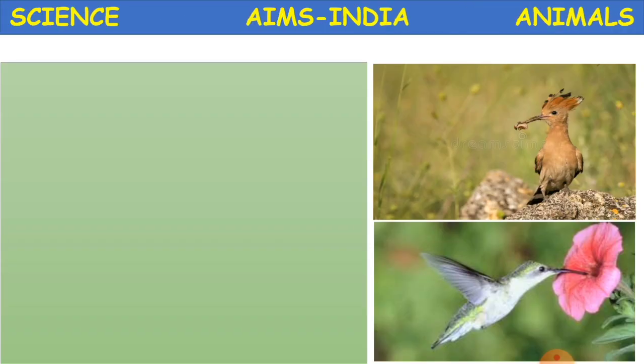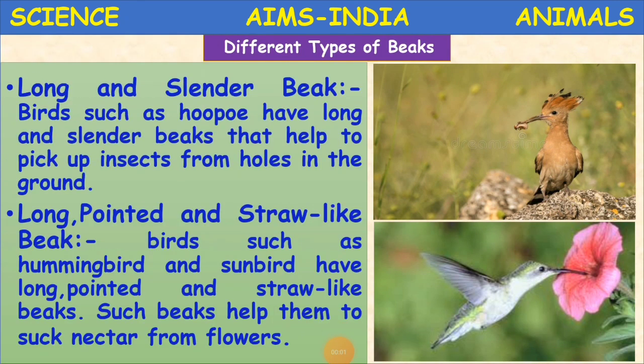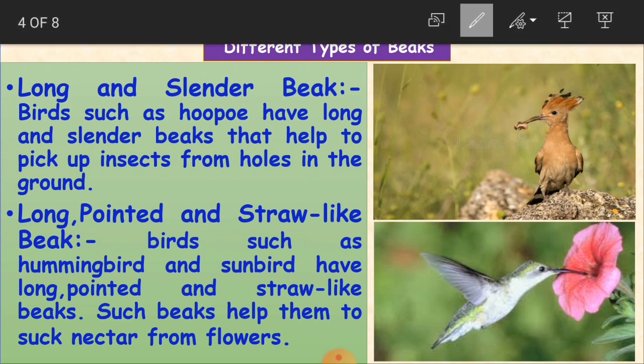Now the other type of birds we are able to see have a long and slender beak. See children, now we are seeing a long and slender beak as it is in the picture here. Birds such as the hoopoe have long and slender beaks that help to pick up insects from holes in the ground.